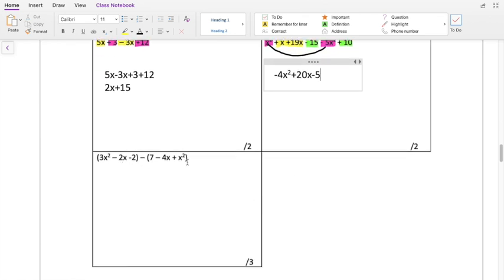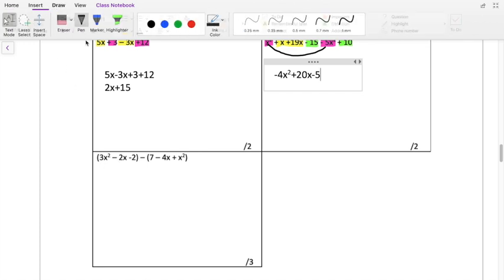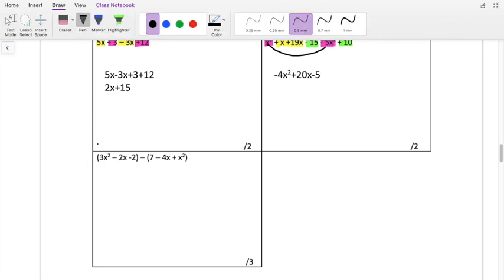Now here, first I have to get rid of the brackets. So I'm going to pretend there's a 1 here, and I'm going to rainbow in as we go. But since there's a 1, nothing's going to change. What's going to change here, that's a negative. Therefore, everything in here is going to switch signs.